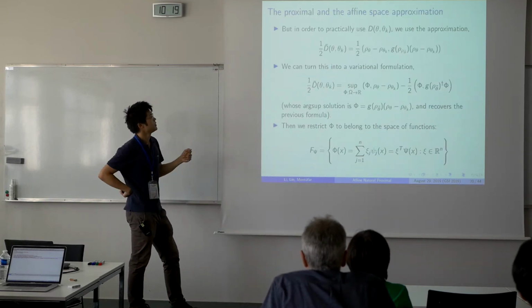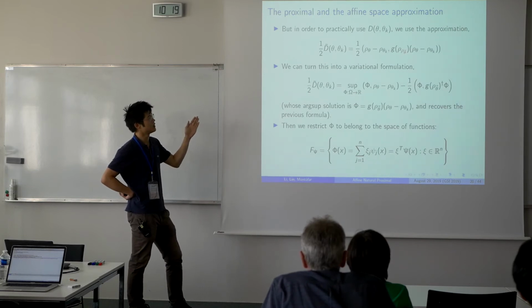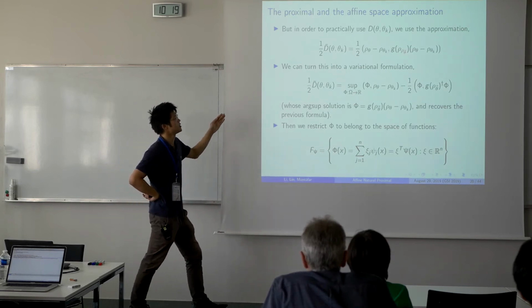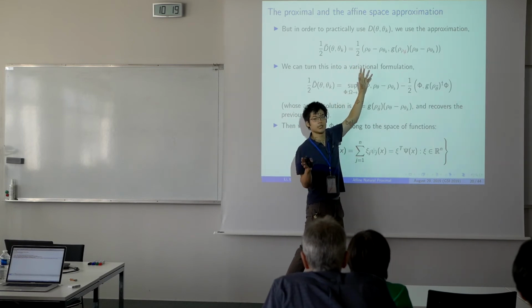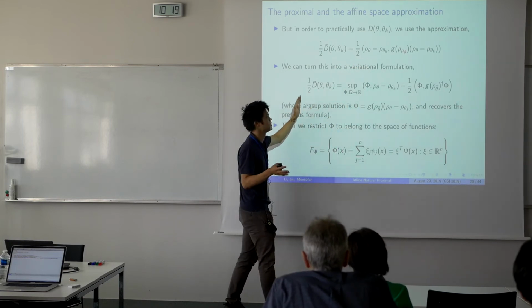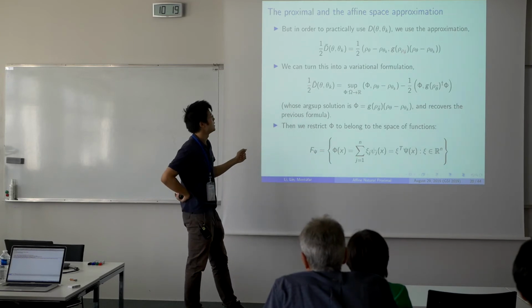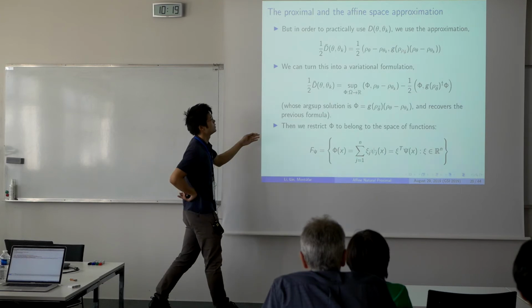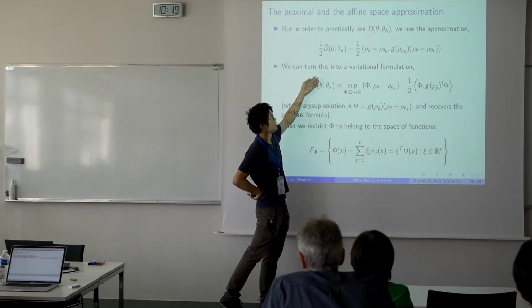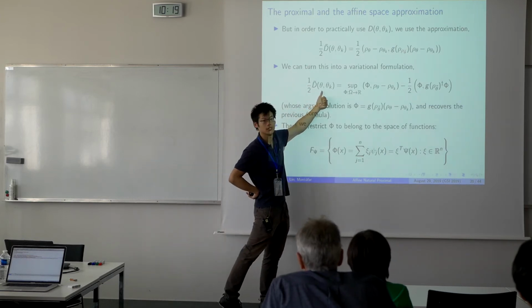But in order to practically calculate the distance between theta and theta k, we can use this approximation here, where we just look at the endpoints. We could take the integral, but instead we just look at the endpoints. For small enough distances, the approximation is pretty good. So we can turn this into a variational formula to compute the distance.